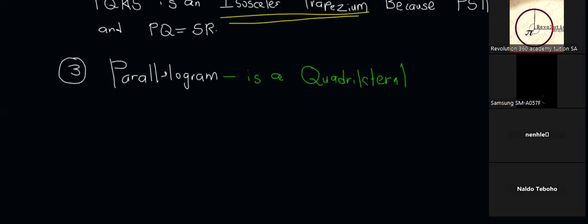Okay. It's a quadrilateral with both pairs of opposite sides parallel.